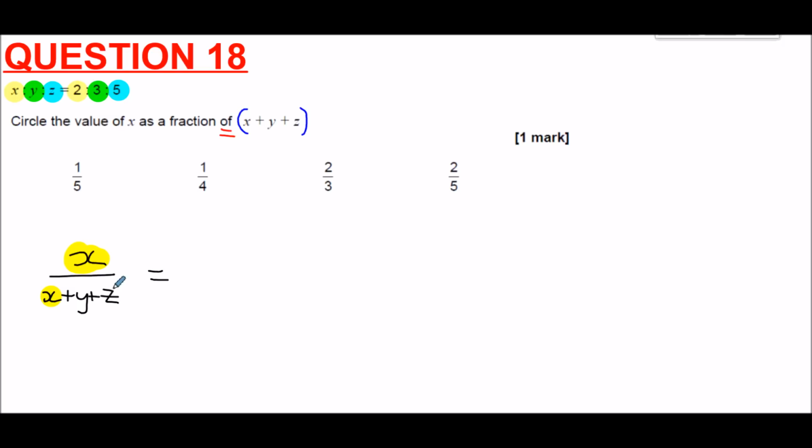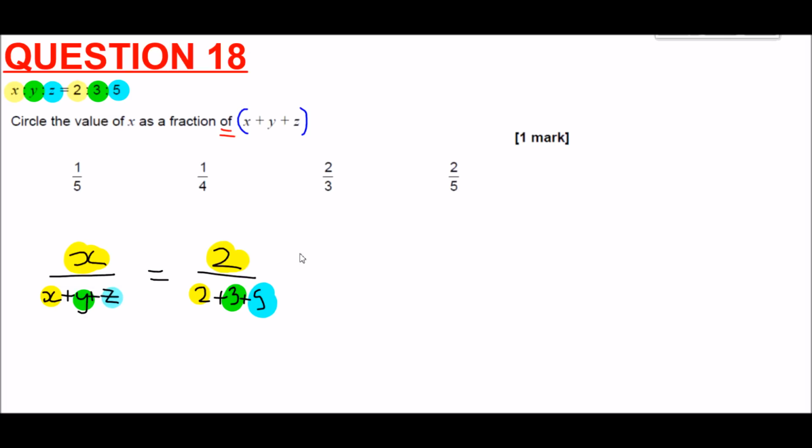And so x plus y plus z would be the same as 2 over 2 plus 3 plus 5. Because in the ratio simplified down, x is given by the value 2, y has been given by the value 3, and z has been given the value 5.